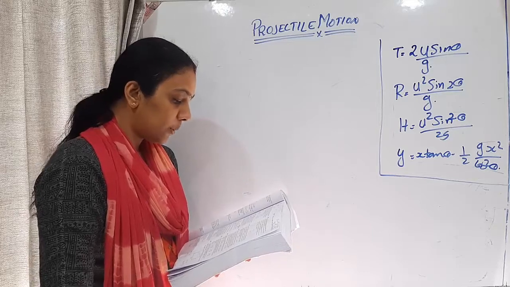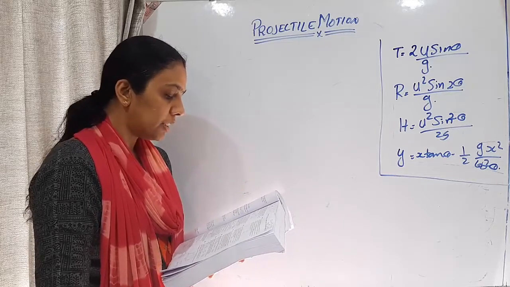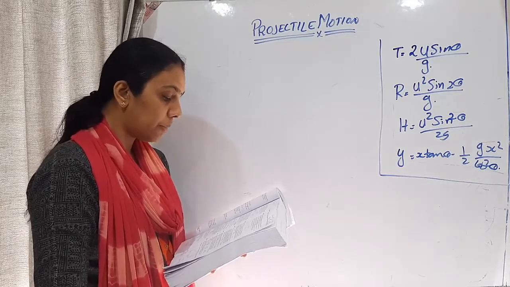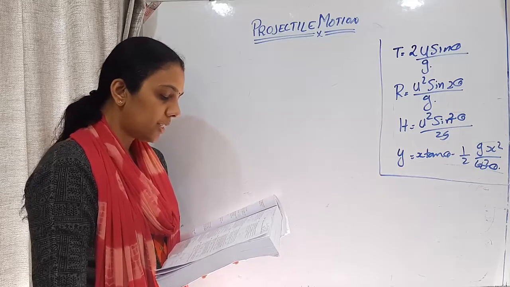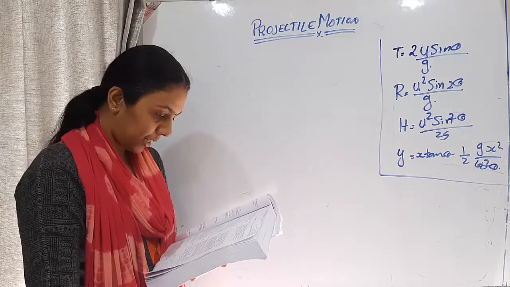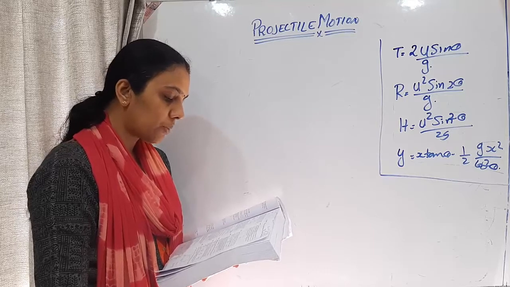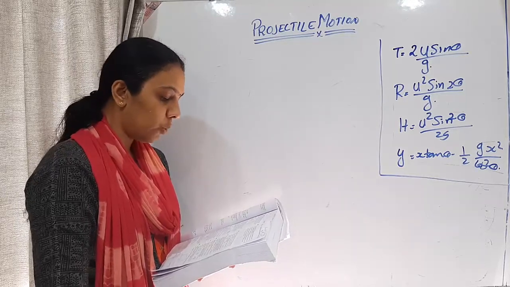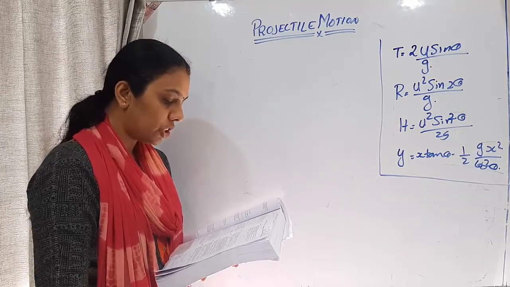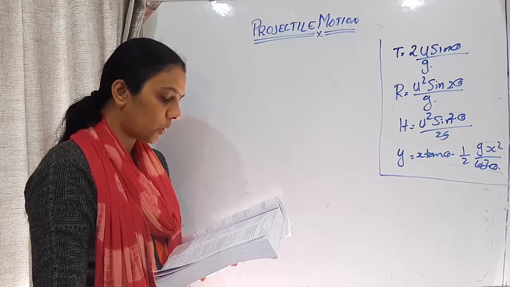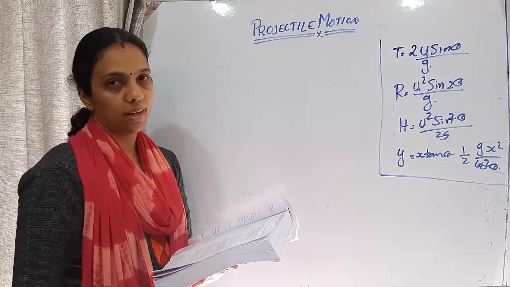The cannon is located at a distance of 800 meter from the foot of the hill and can be moved on the ground at a speed of 2 meter per second, so that its distance from the hill can be adjusted. What is the shortest time in which the packet can reach the ground across the hill?